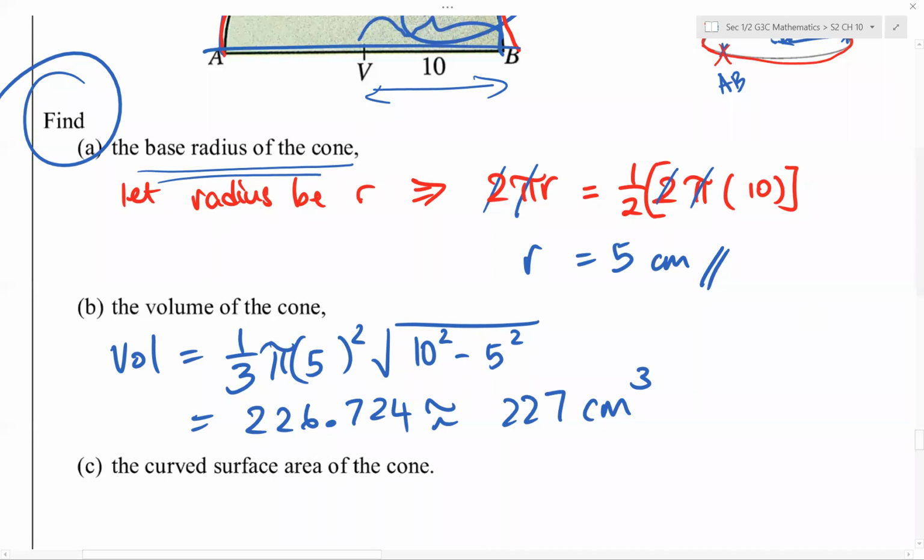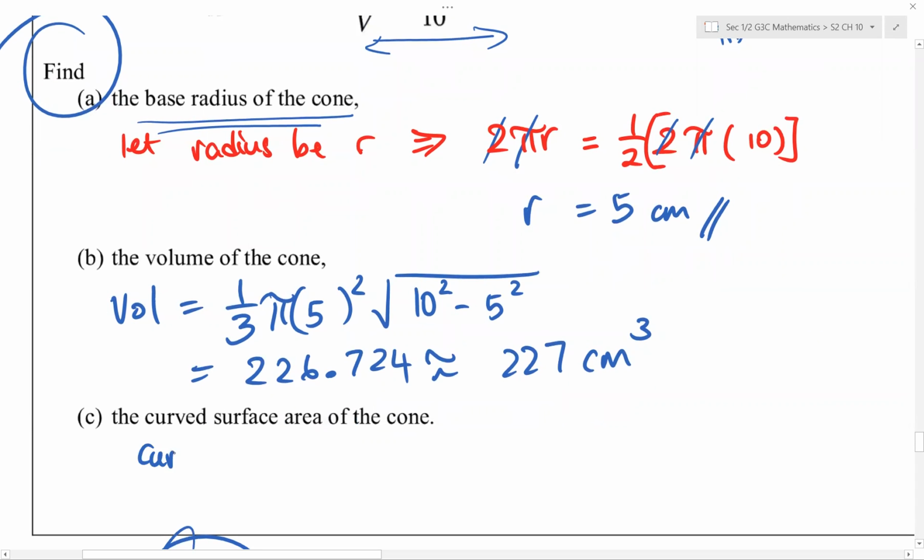Now part B. Here I asked you to do some homework. Pi RL, is it? I asked you to find out why it is pi RL. Oh yeah, okay. So did anybody find the curved surface area? It equals pi RL, where L is the slant height, like what Jermaine mentioned just now.